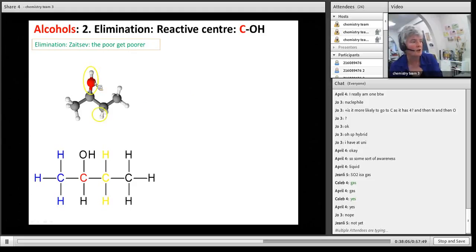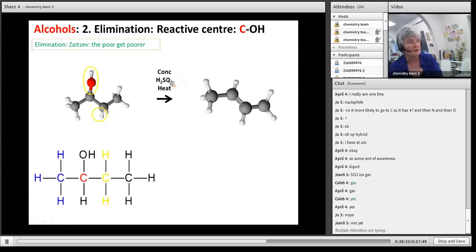So the carbon that has the OH, plus either from this or from this, that hydrogen can be removed. Now remember the major product is the carbon with the lowest number of hydrogens. So this one's got 2 and that one's got 3. So the major product will form between the red carbon and the yellow one, and the minor will be between the red and the blue.